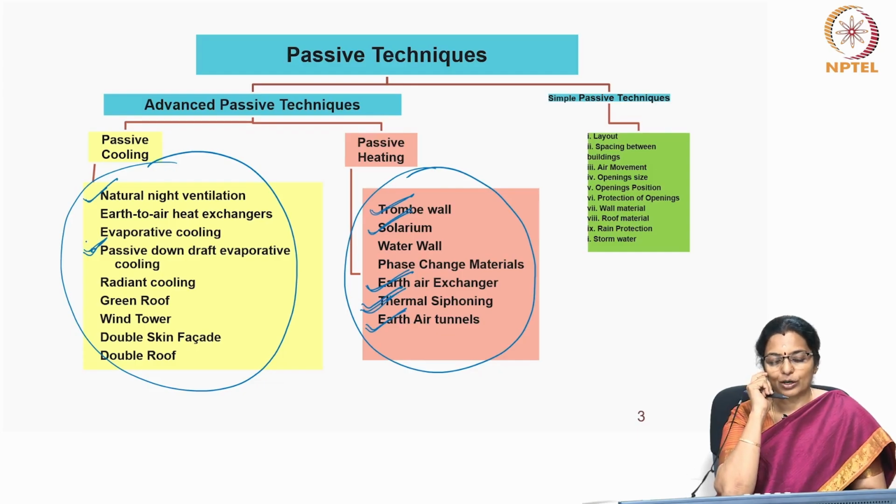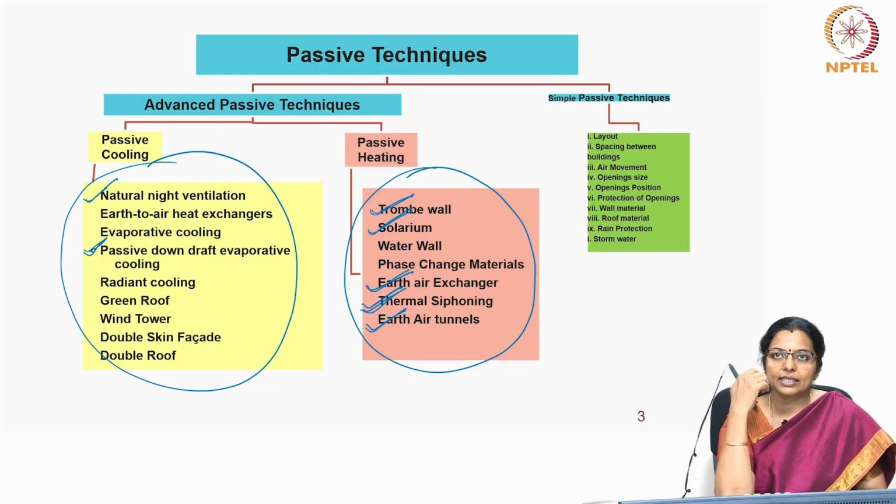So, we saw 7 of them. We will continue and see the other advanced passive strategies in this class and forthcoming classes.